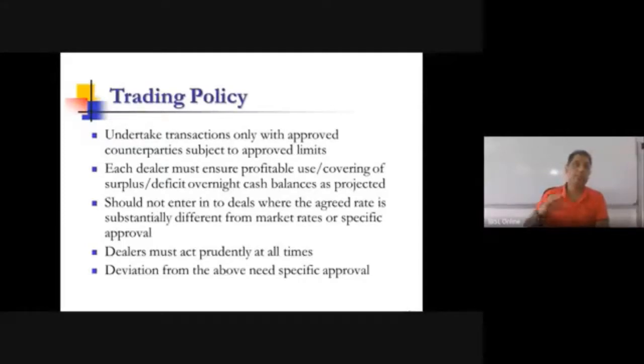Demonstrate that there has been a reason that we have to quote a rate that is different from the market rate because of various things. That can happen, but it has to be documented. Act prudently, and anything that goes beyond the policy must be documented very carefully and get approval separately.